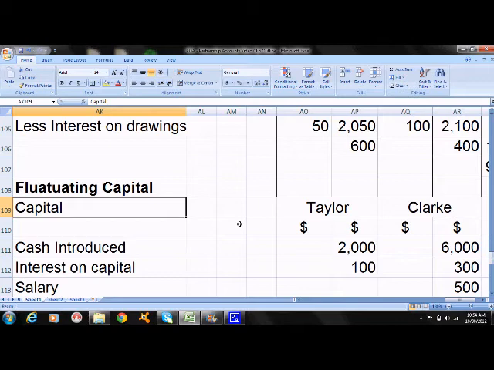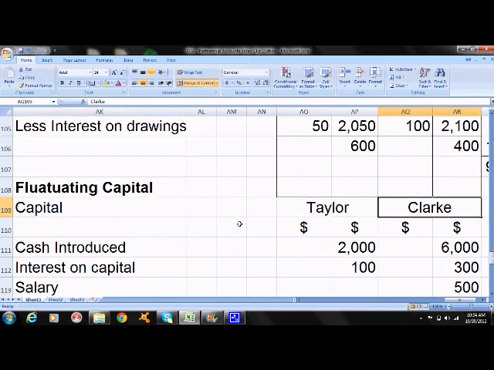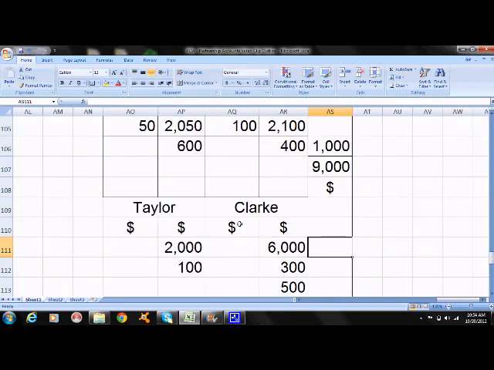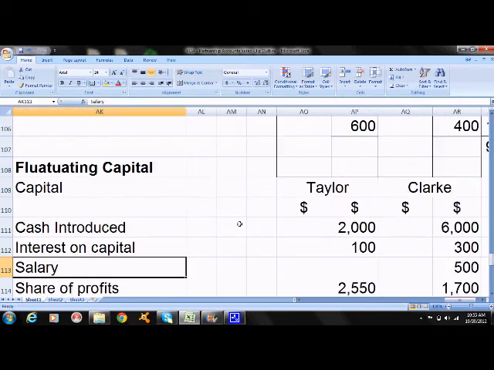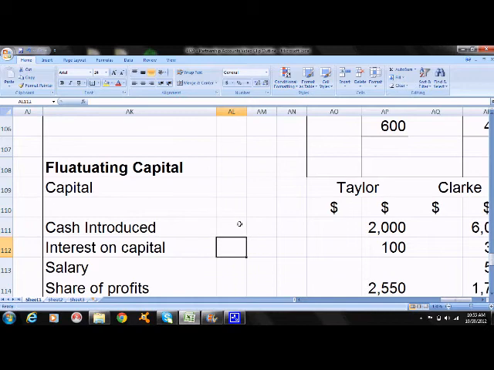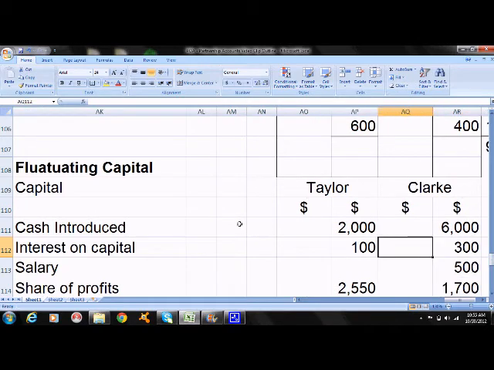In this case now we have capital first at the top, Taylor and Clark, because the fluctuating capital account is done like this normally. So cash introduced is what? 2,000 for Taylor and 6,000 for Clark, and the interest on capital is 100 for Taylor and 300 for Clark.